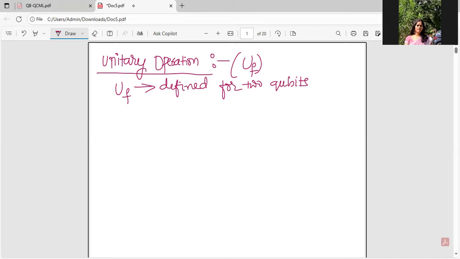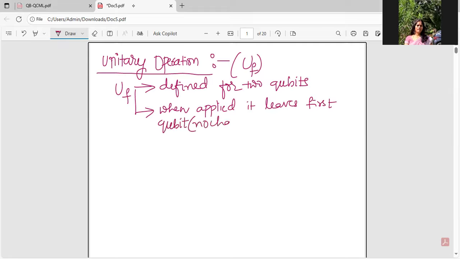What exactly it is, if I have to say it in sentences: when you apply it, it leaves the first qubit alone, with no change. That's how it is defined in quantum.